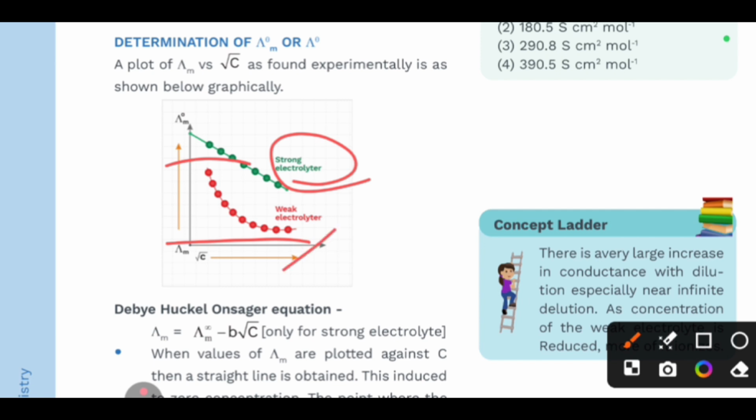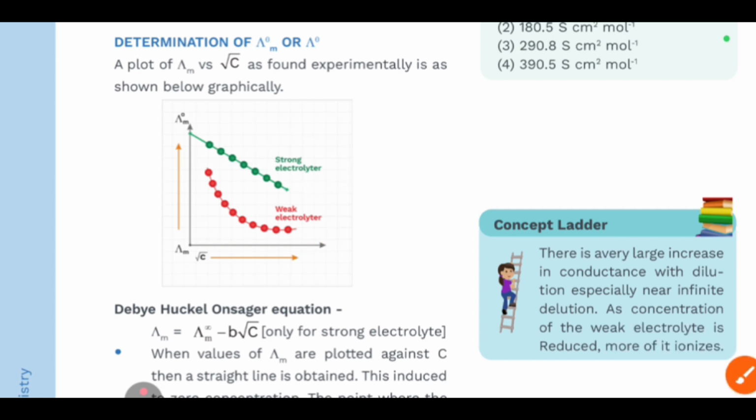But in a weak electrolyte two factors are responsible for the conductance. One is no interionic attraction, as well as the formation of a large number of ions on dilution, that is, an increase in the number of ions. So this graph is very important, you have to do it.